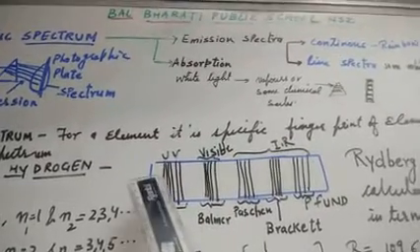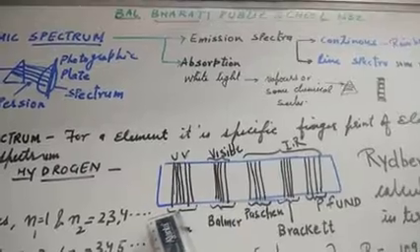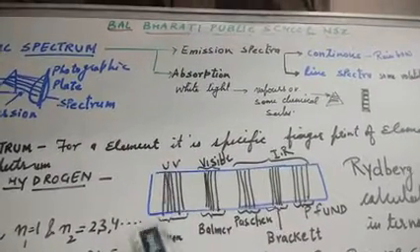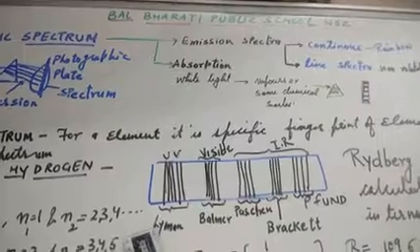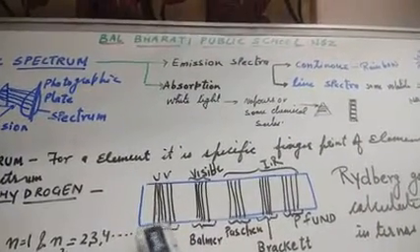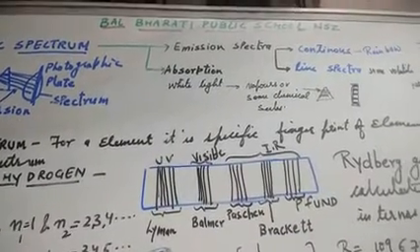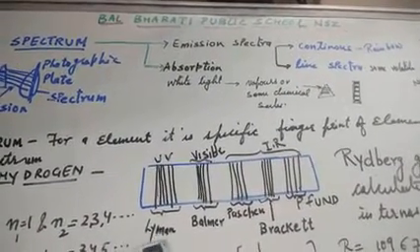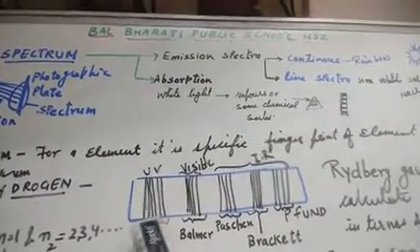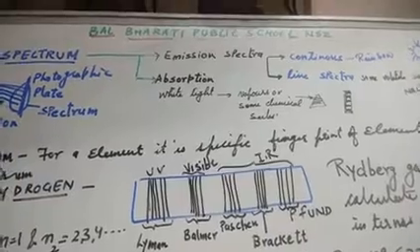Like the first set or series of bright lines obtained in the hydrogen spectrum was termed the Lyman series, named after the scientist Lyman, because Lyman studied those brighter lines in the hydrogen spectrum and gave his name to them.